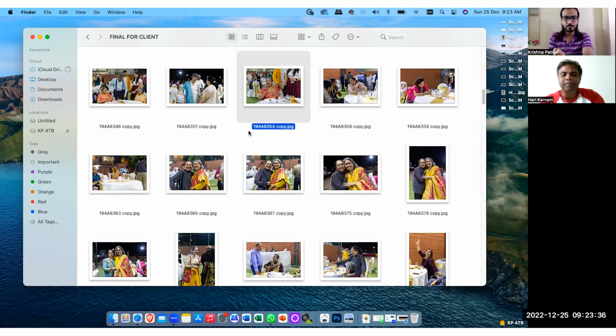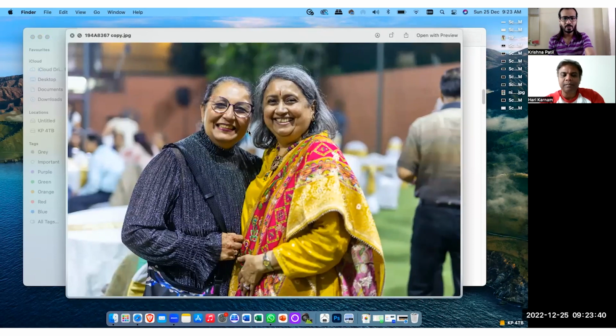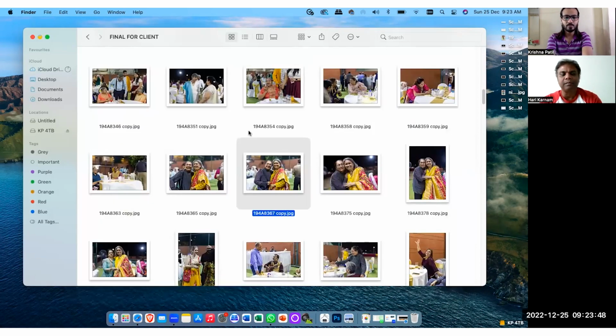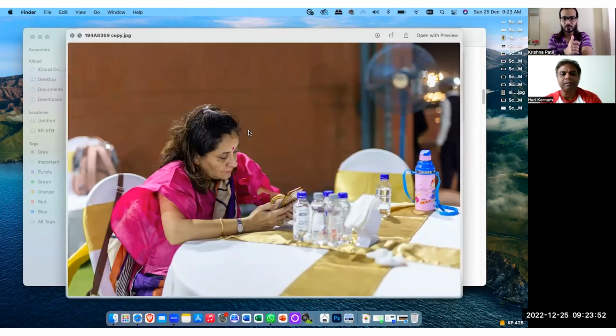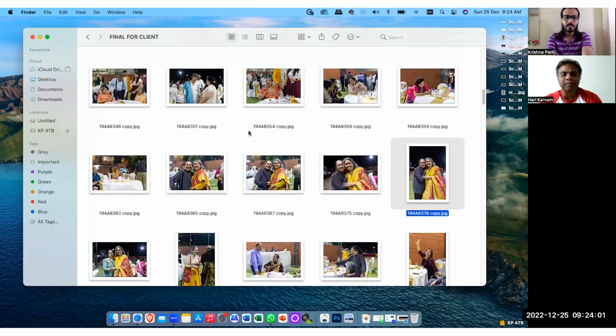Suppose I'm shooting a random shot where the subject knows that I am clicking his or her image, in that case we can play. But whenever you are shooting a candid shot, you will have to understand the scenario, where is the emotion. Now she is playing with her phone, and we just try to capture a silent emotion over here.